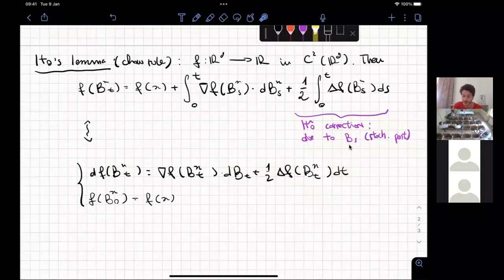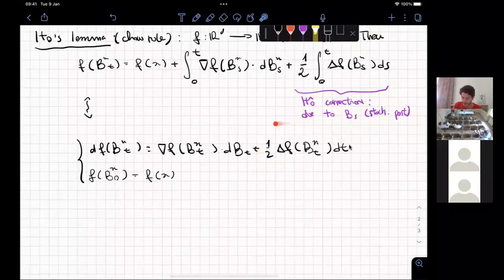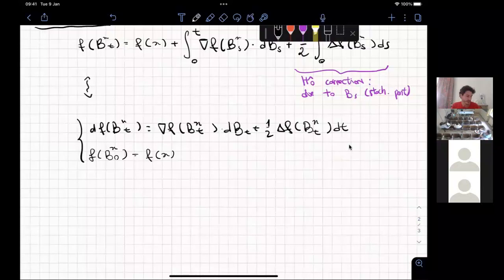This is why we ask f to be C2 and not C1, even if we are just computing one derivative of f. And this part is the key point of all the discussion I'm going to present today, and the key point of the relation between the Brownian motion and the Dirichlet problem, which is a PDE involving the Laplacian. Everything is encoded in this part.